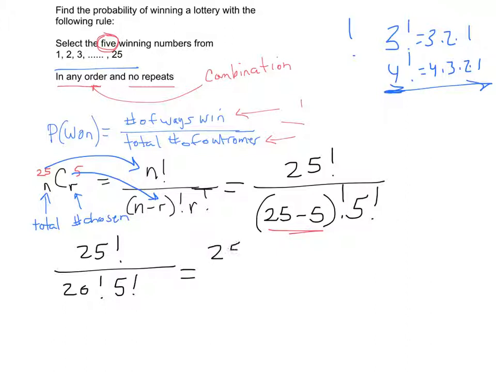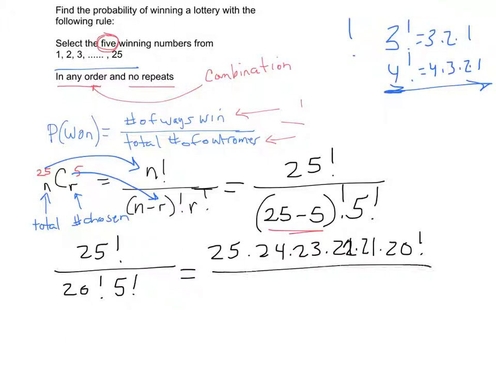25 factorial is 25 times 24 times 23 times 22 times 21 times 20, all the way down to 1. Well, isn't 20 factorial the same thing as 20 all the way down to 1? And you're going to see why I'm doing that. Divided by this 20 factorial, 5 factorial.